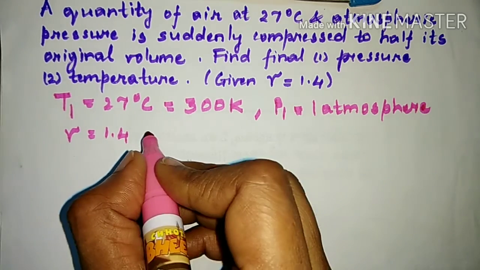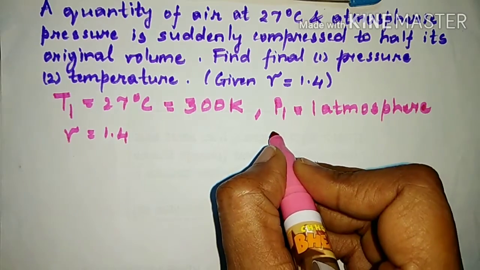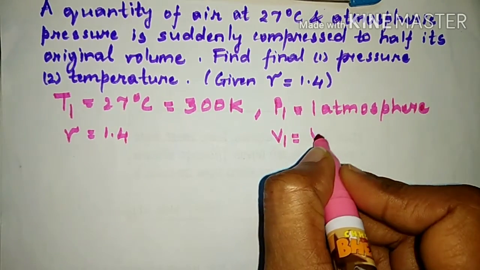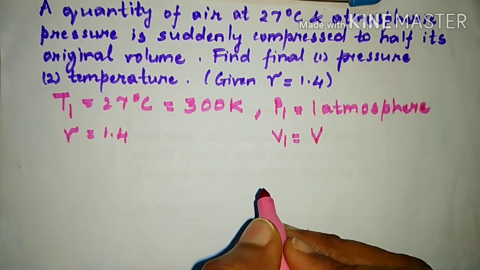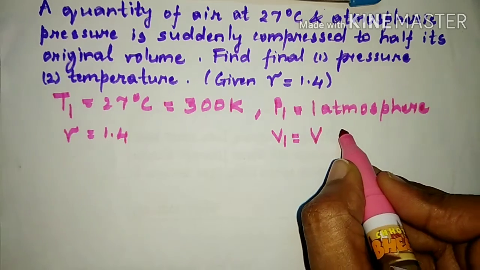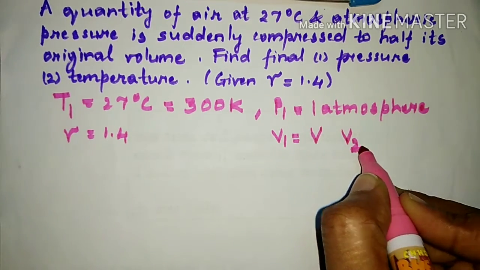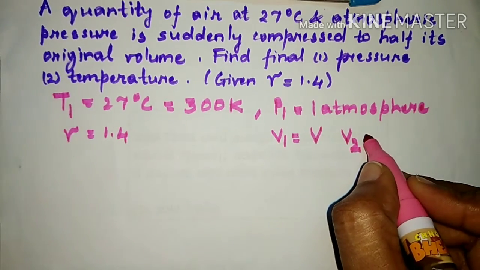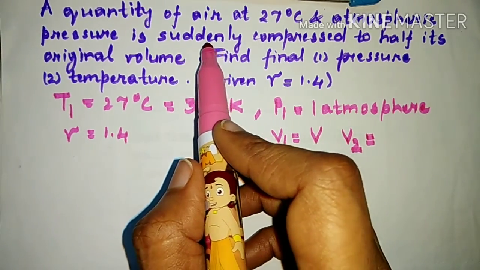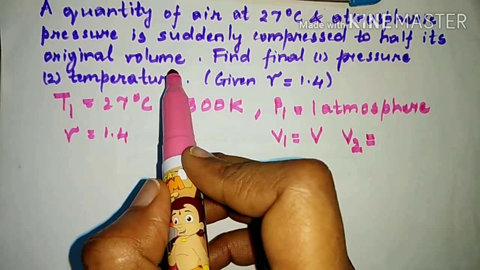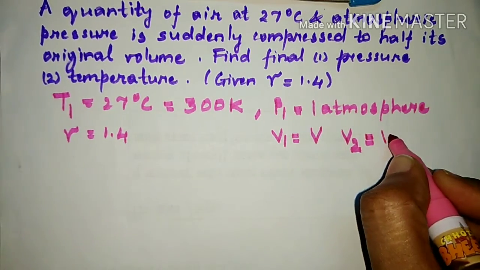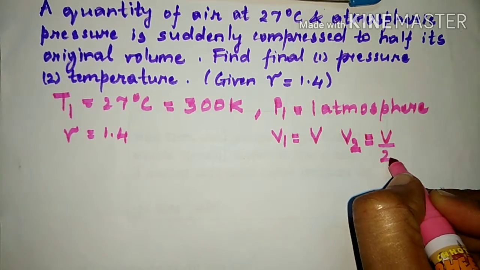We will take the initial volume as V1, which we will assume as capital V, the original volume, and the final volume we will denote as V2. What is given is that the gas is suddenly compressed to half its original volume, so that is V upon 2.